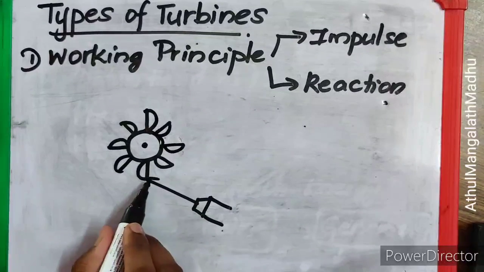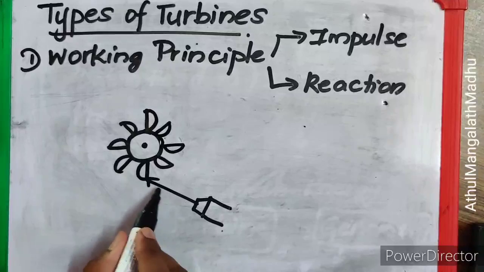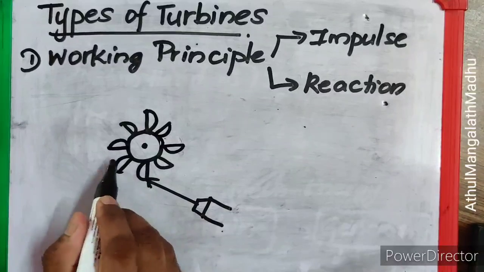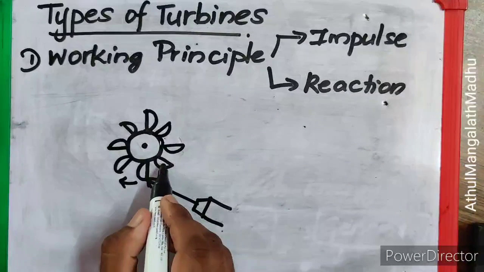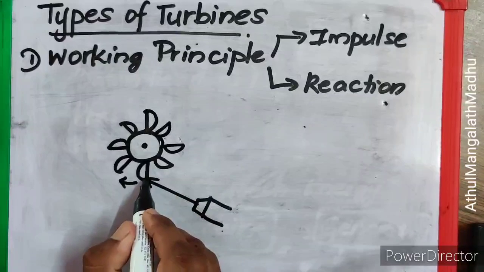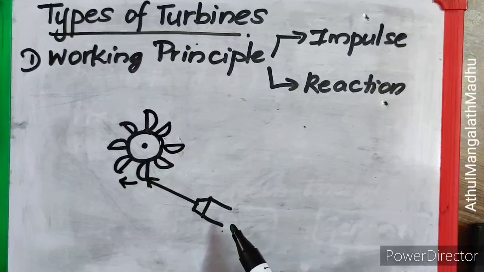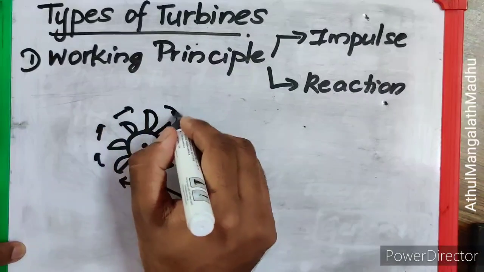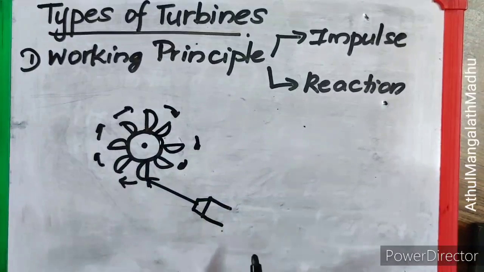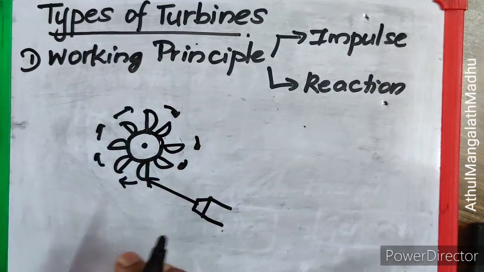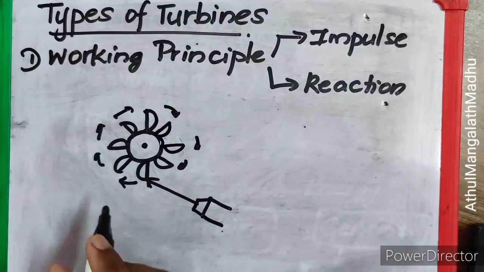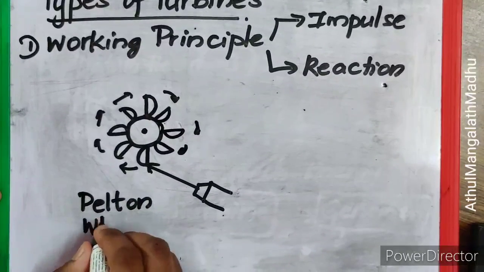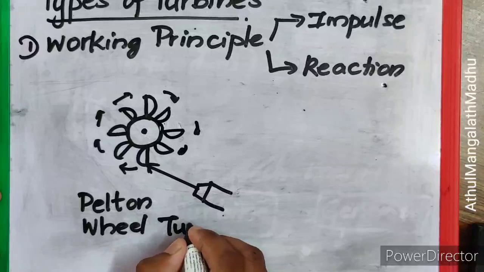The jet of water comes and hits it. As soon as it hits, the large force is applied, and that causes the wheel to move in this direction, so that the next bucket comes to this position. Again it is given an impact by the jet of water, and again it moves. That causes the whole wheel to rotate. So here it is the impact of water that causes the whole thing to rotate, and this is an example of an impulse turbine, called the Pelton wheel turbine.